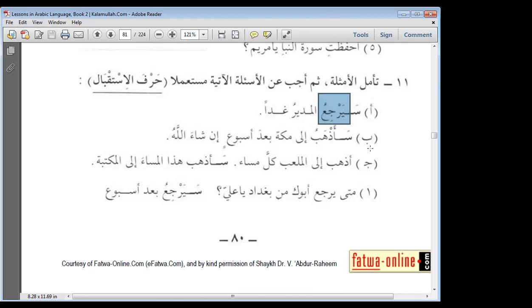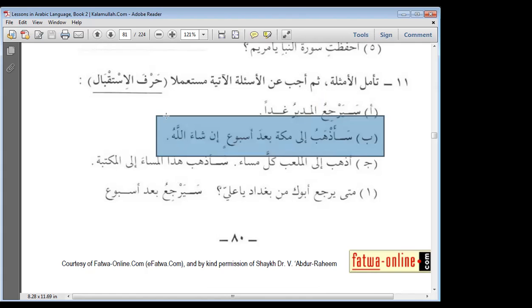Okay. So the next example we have here is sa'adhabu ila makkata. Sa'adhabu ila makkata ba'da usbu'in insha'Allah. So we have here dhahaba, the past tense verb dhahaba, which is in this case changed into the present tense form. So we have adhabu, adhabu.